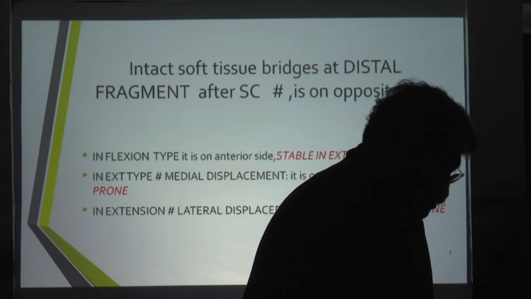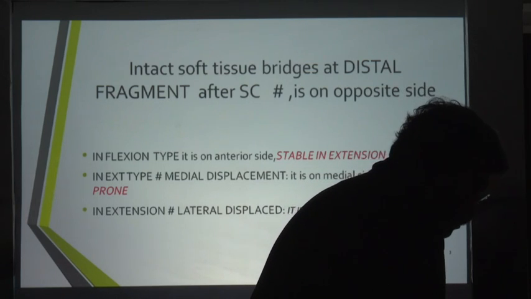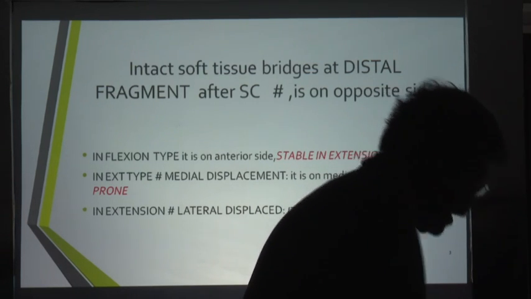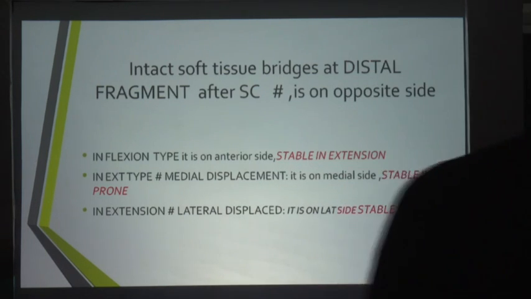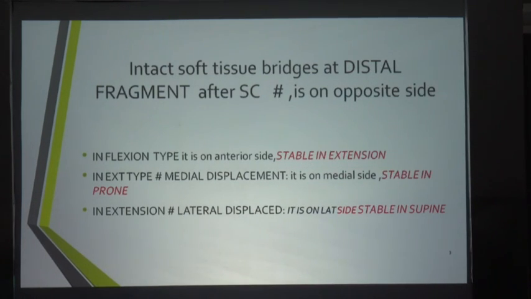So this fracture will be stable in extension because the anterior tissues are intact. So you extend it, it will be tightened. The same thing happens in extension type with medial displacement: the hinge is on the medial side and it is stable in prone. And in extension type fracture laterally displaced, the side to which the displacement is there is intact, the other side is broken. So in extension type, the hinge is on the lateral side, and this is stable in supine.